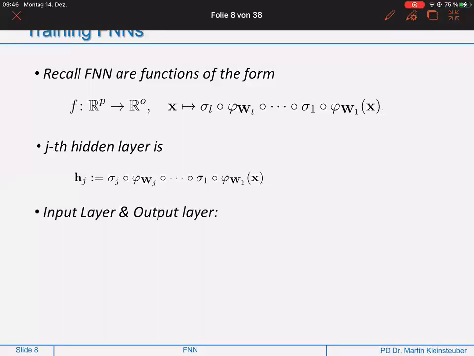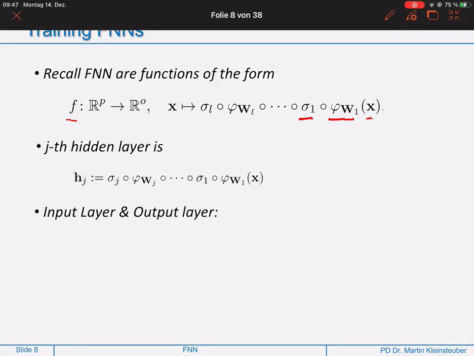We have this function f from some input layer R^p to some output layer R^o, and the signal x is mapped to this. We start by transforming the input with a linear transformation, so matrix-vector multiplication, followed by some activation function. Activation functions were functions that typically act component-wise on this output vector.